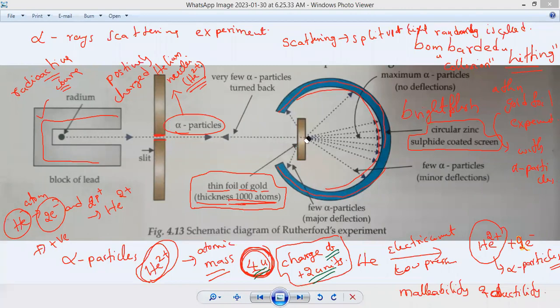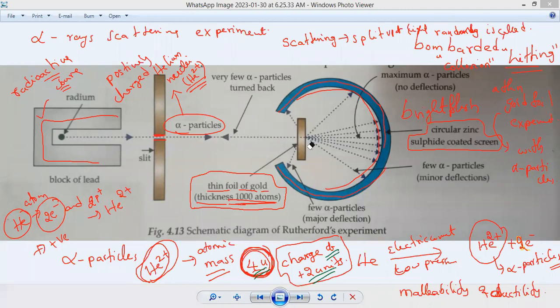He expected that all the particles, due to their heavy mass compared to the protons, would come back. But surprisingly, he noticed that there were no large deflections. So the results of the experiment were beyond his expectations. He expected something during the experiment, but something else happened.